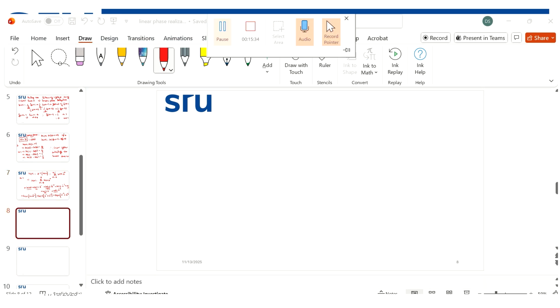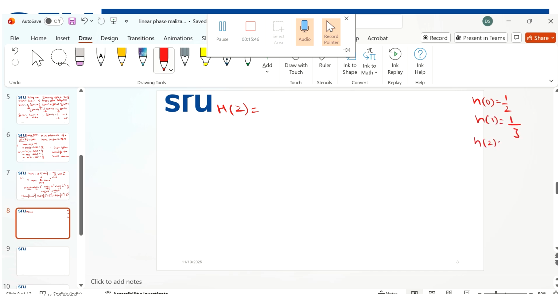Now if I substitute the coefficients, then h of z is equal to: h of 0 coefficient is 1 by 2, h of 1 is 1 by 3, h of 2 coefficient is 1, h of 3 is 1 by 4. Now substitute the same in the above expression.